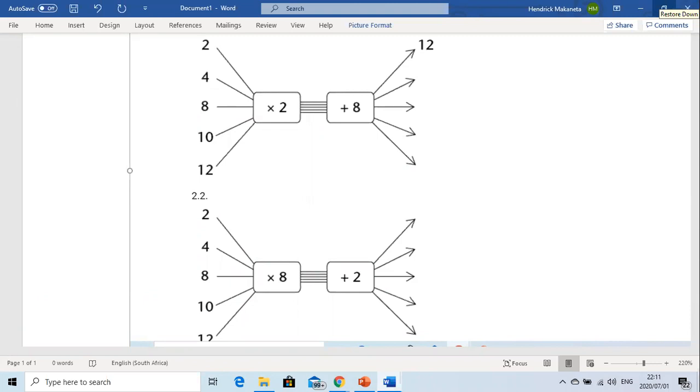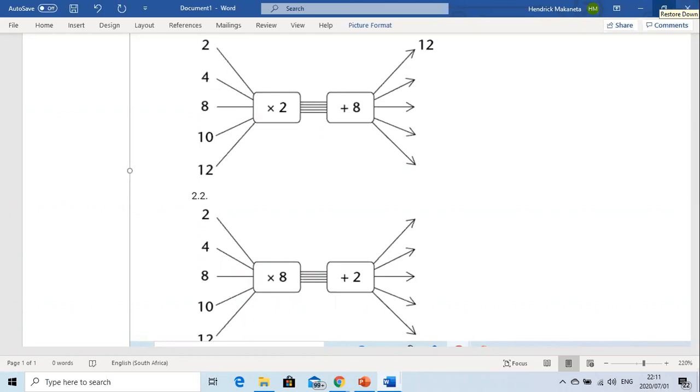Kelly got 82, Tando 82. Onkabetse got 98 for the next one. Okay, 12 times 8 is 96. Yes, if you add 2 there, you'll get 98. So Tando, I hope that you correct 92 there, it should be 82. If you are multiplying 10 by 8, is 80, plus 2 is 82.